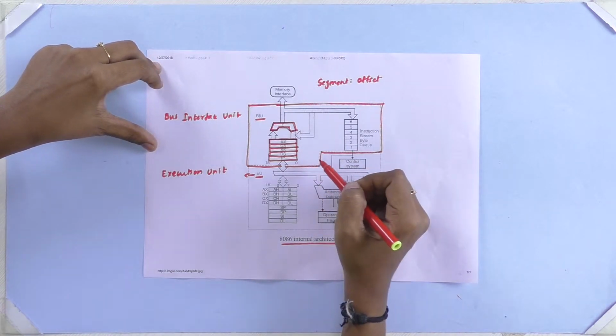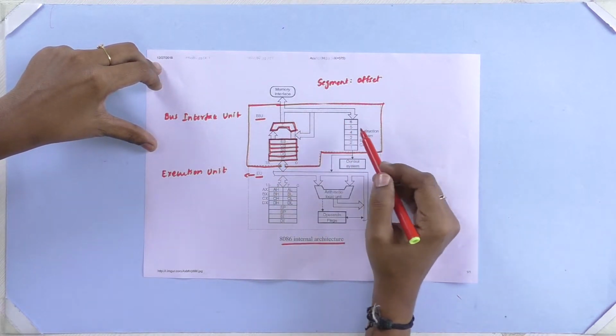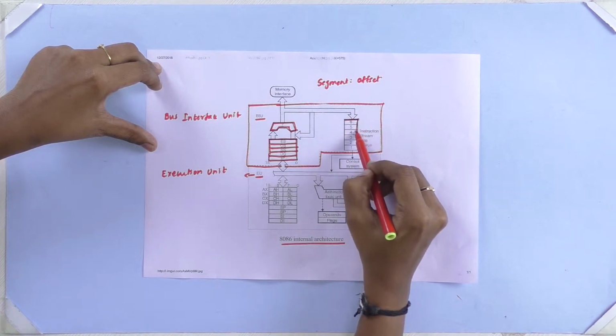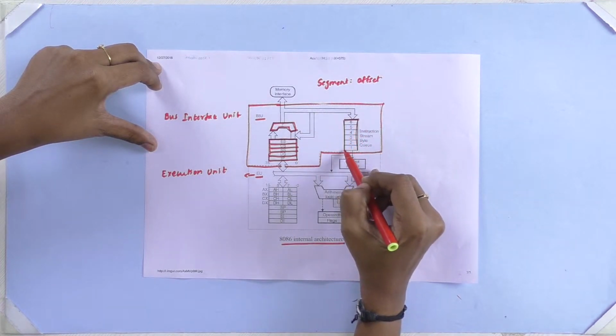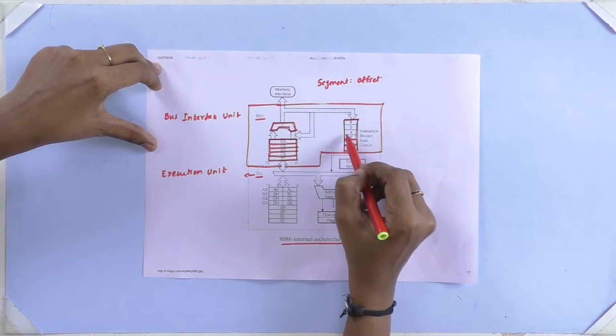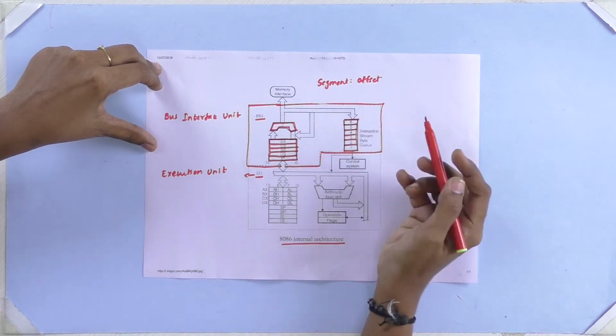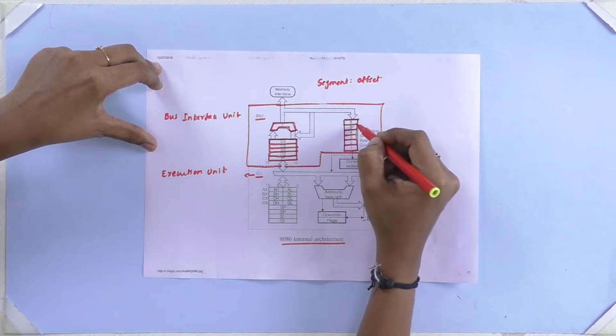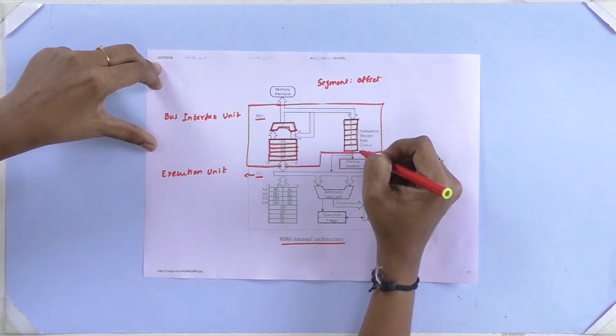And the next logical component of this bus interface unit is the instruction stream byte queue, which is 6 bytes long. This is a pre-decoded instruction byte queue.